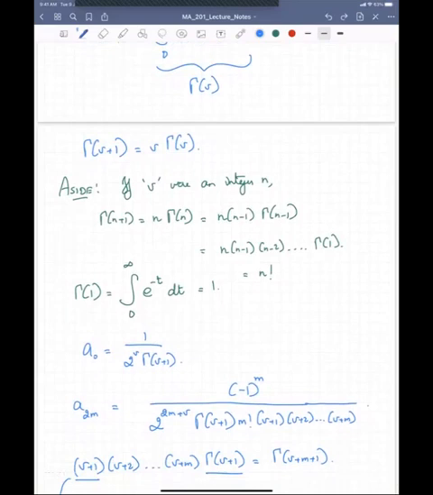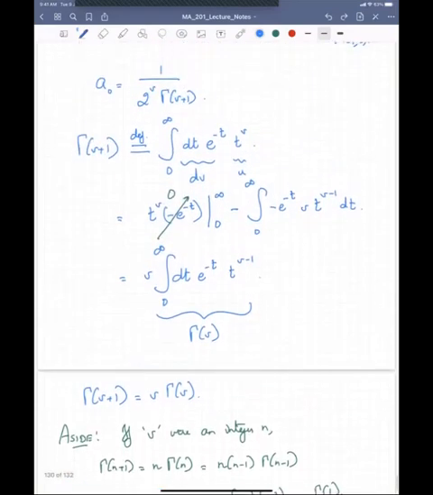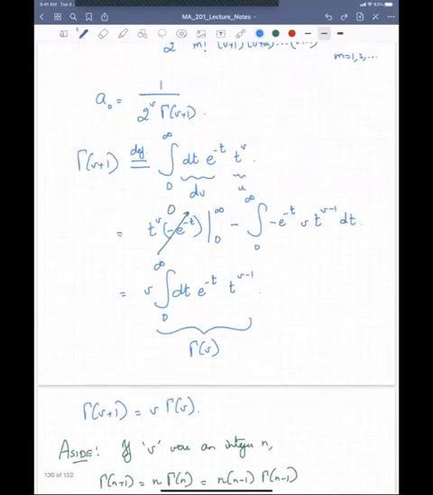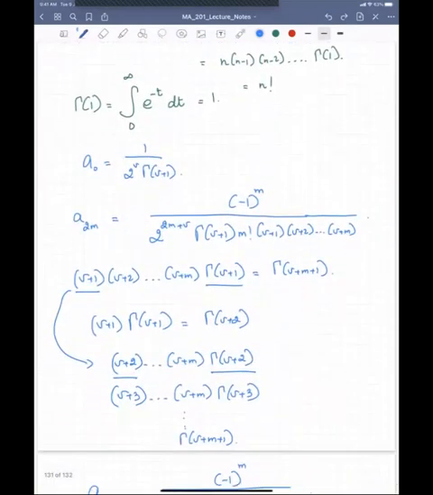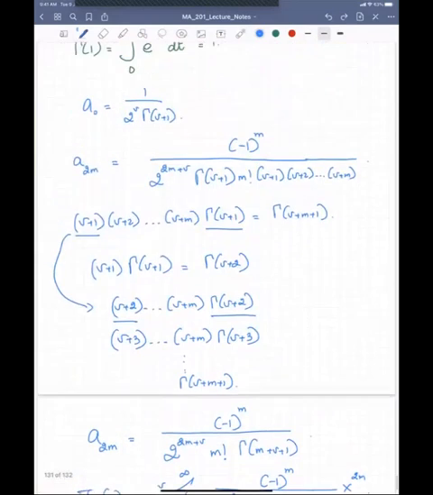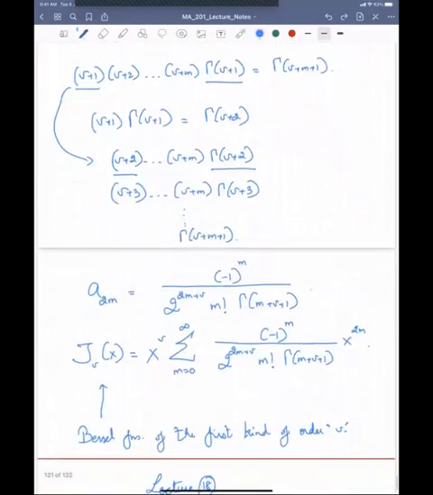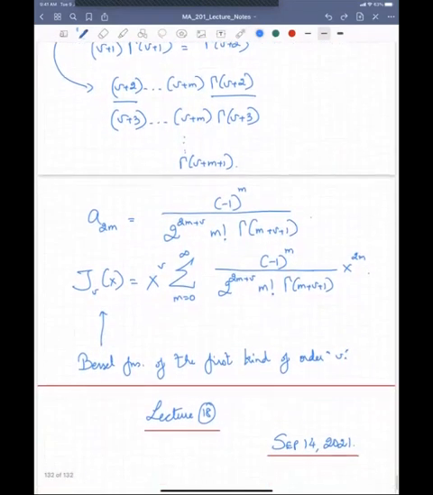This is reminiscent of the factorial. So the gamma function is an extension of the notion of a factorial to a non-integer nu. We used this fact and found that the denominator again collapses in a nice form, not a factorial form, but a gamma function form.